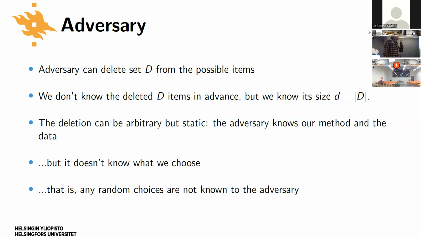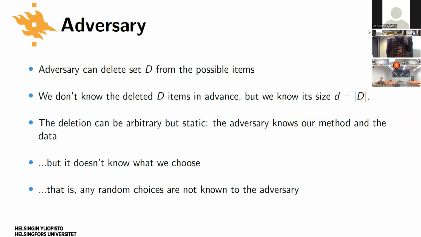So the deletions are arbitrary, but they're static, meaning the adversary knows our methods and it knows the data, so it can simulate what we are doing and make choices. But what it doesn't know is the random choices in our algorithm. The adversary doesn't know what random bits we used.